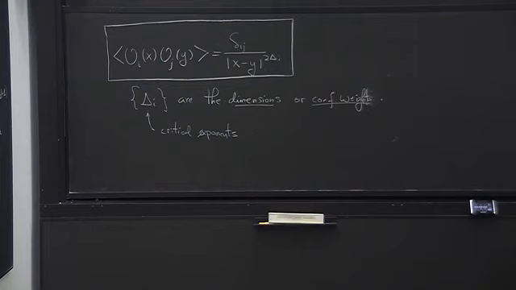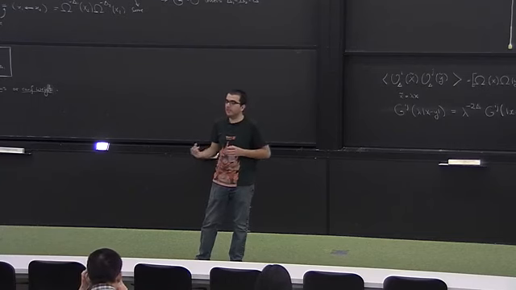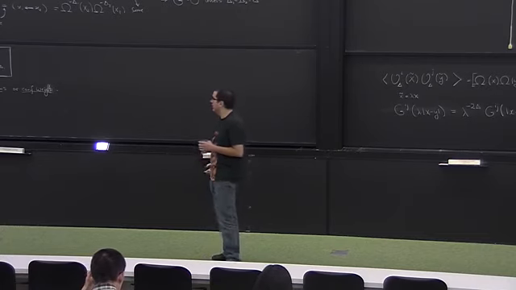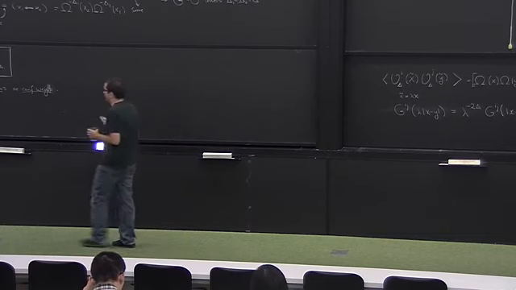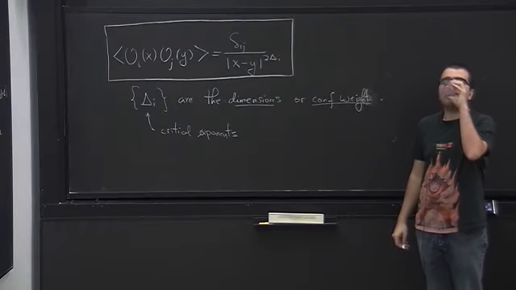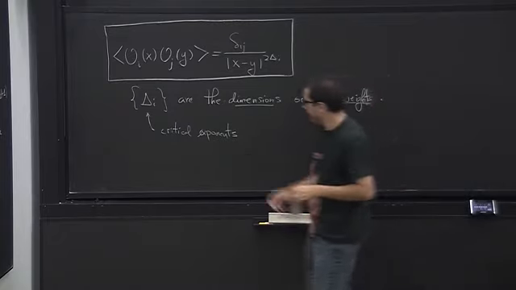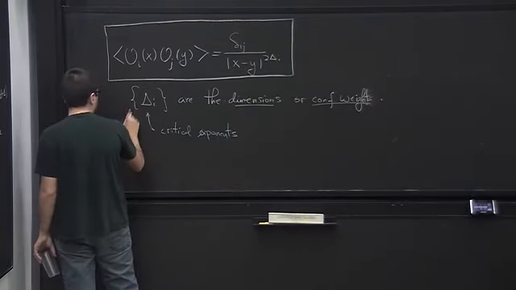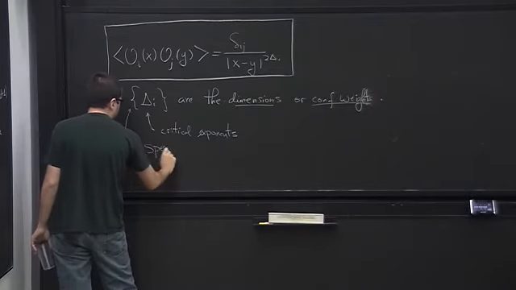Really, the fundamental, the simplest and the most important object, which is more directly related to what people measure and study, is really the spectrum of a conformal field theory. So another name for this set is the spectrum.